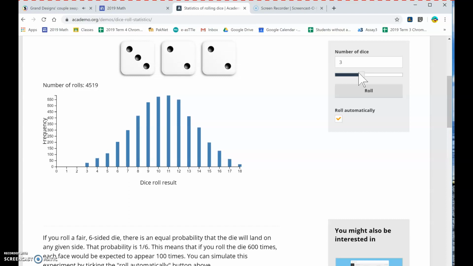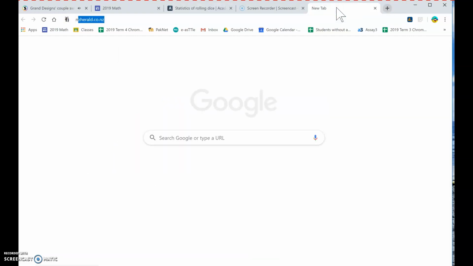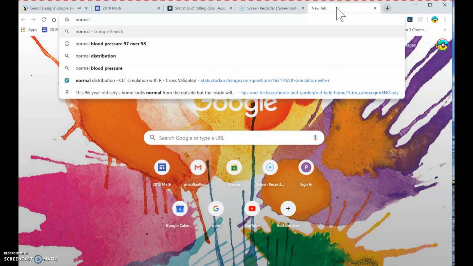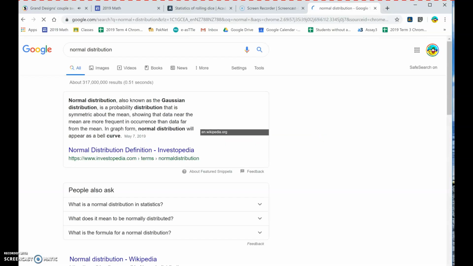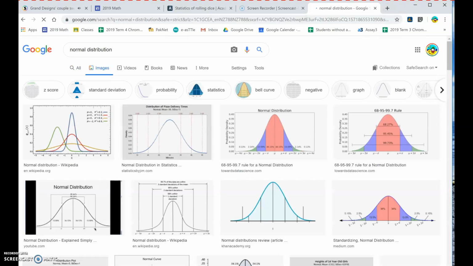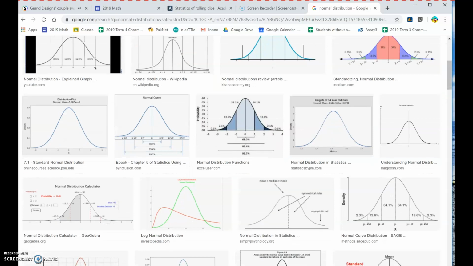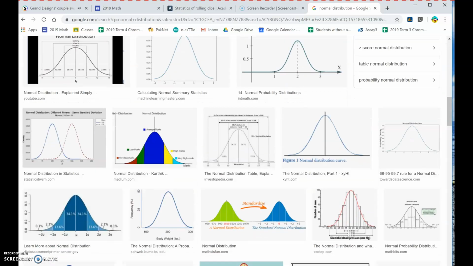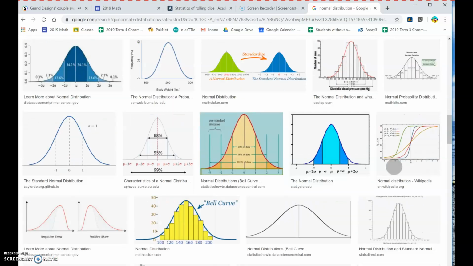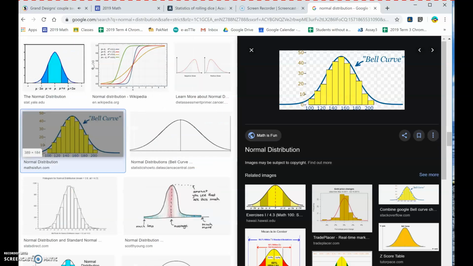So the normal distribution is a different curve altogether. If you just go normal distribution and go to images, you'll see all sorts of images and things about the normal distribution. We haven't done it yet, but it's that shape. Otherwise known as the bell curve, which you might have heard about.